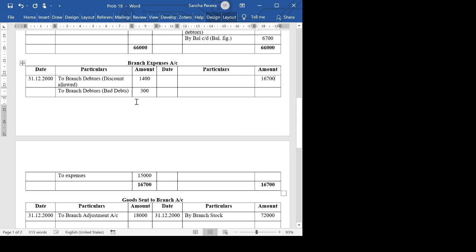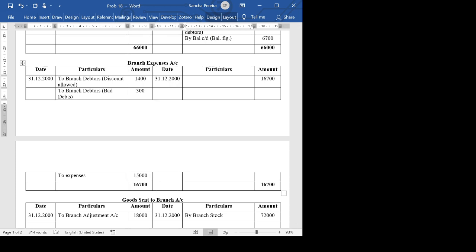Now, some of you may have said we could have put this in the profit and loss account directly. Yeah, but then there'll be too many items in the profit and loss. So you open a separate branch expense account, show all the expenses, and then the total is transferred to the profit and loss account. As on 31st December 2000, I'm going to say by branch profit and loss account, 16,700. This is the balancing figure.